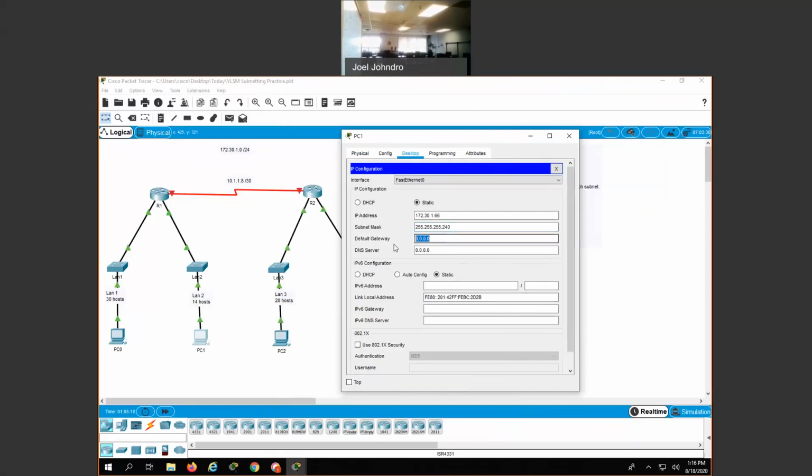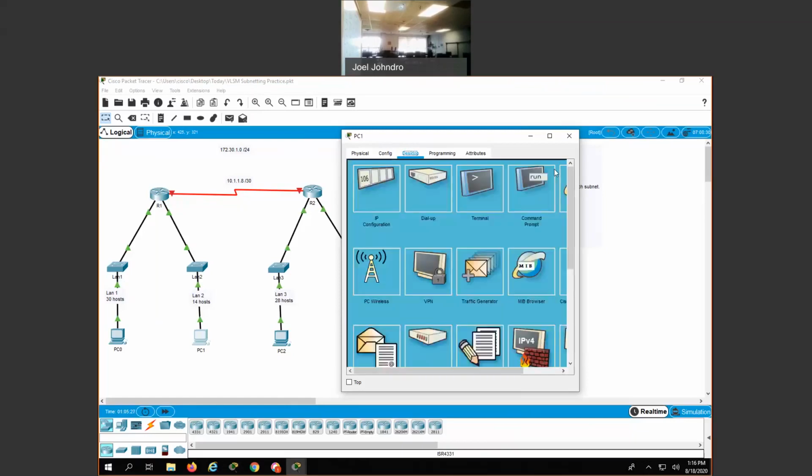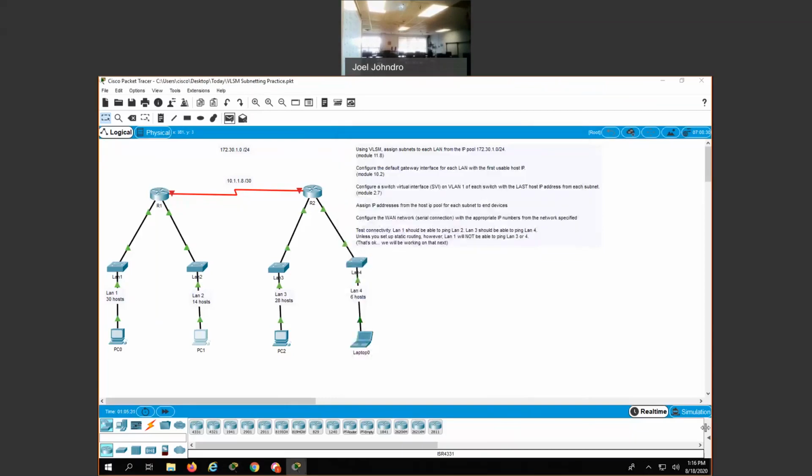Default gateway on that is .65. And let's just do a quick ping here from PC0 to PC1. Yep, and that was successful. That's good.